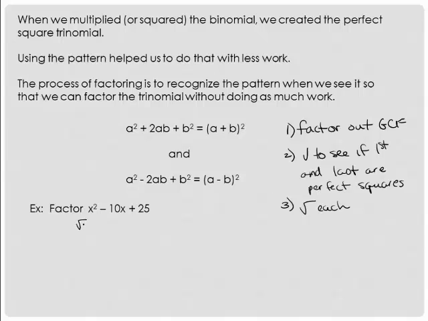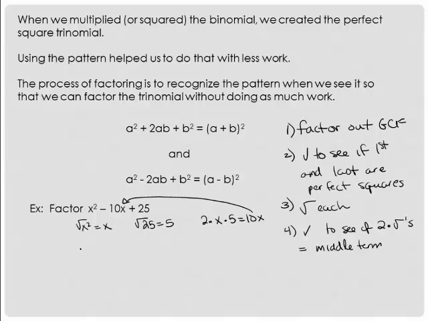The square root of x squared is x. The square root of 25 is 5. Check to see if 2 times the square roots equals the middle term. 2 times x times 5 is equal to 10x.